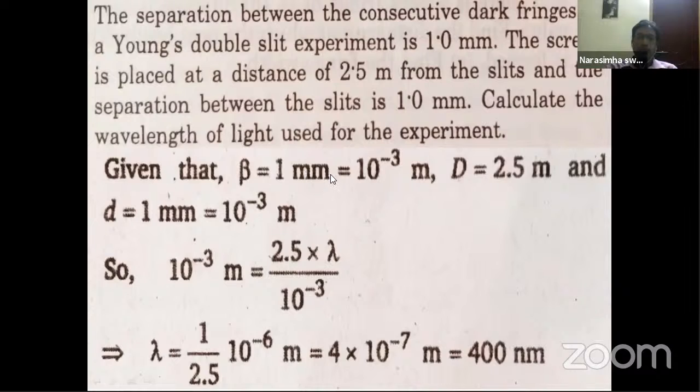Beta is equal to 1 mm, so 10 power minus 3 meter, D is 2.5 meters, and small d is 1 mm, so this is 10 power minus 3. So what is the formula we have?